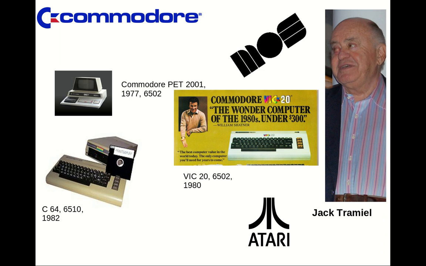So we see here the first one was the Commodore PET, one of the first, Commodore PET 2001, that was mostly sold to schools and educational environments. It was very successful there, and the microprocessor was, as I said, the 6502.